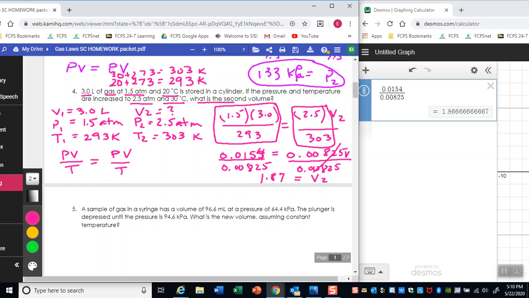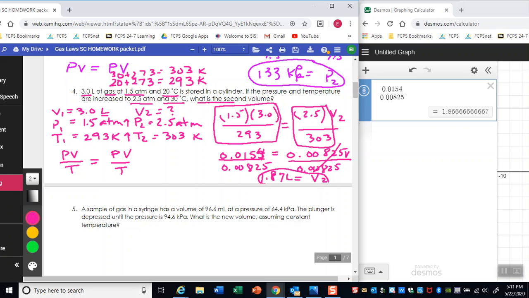And volume is in, if I forget, I can look over here. I was given liters, so it's liters. Okay, and then we'll do the check. That's an 8. So now this is not so simple because it's a little more complicated. There's 3 things going on. So basically our temperature went up.